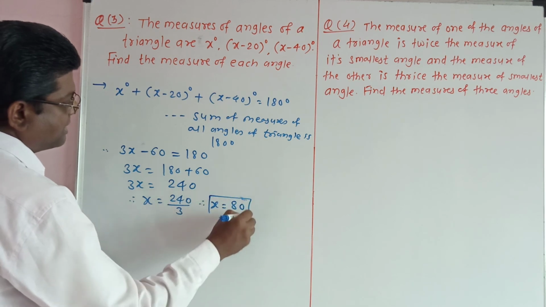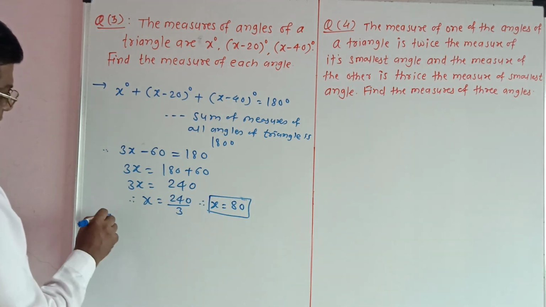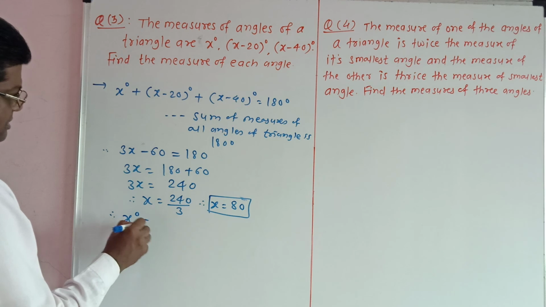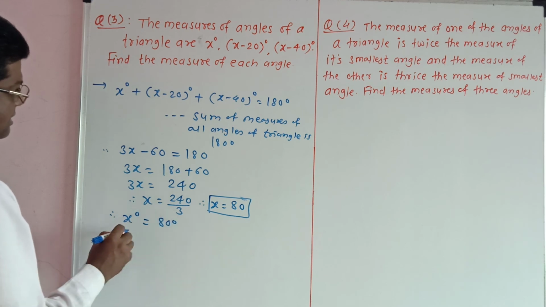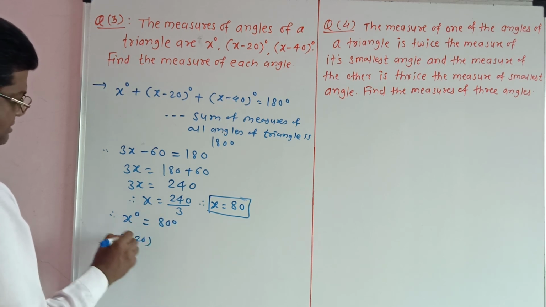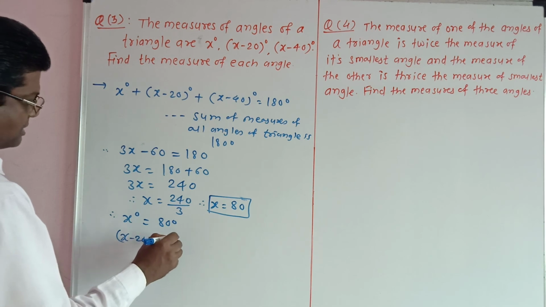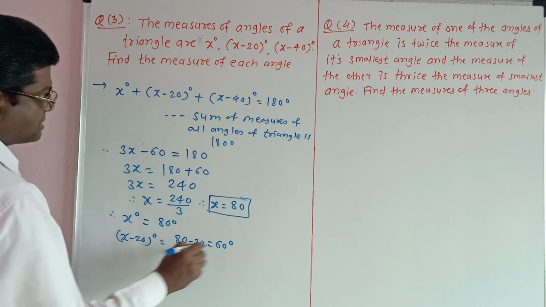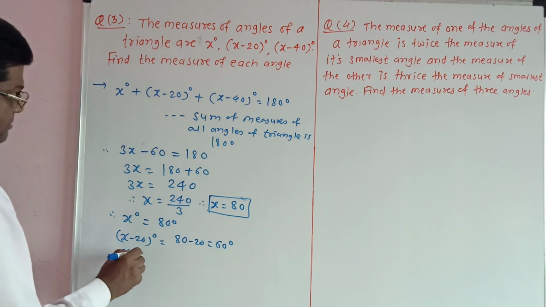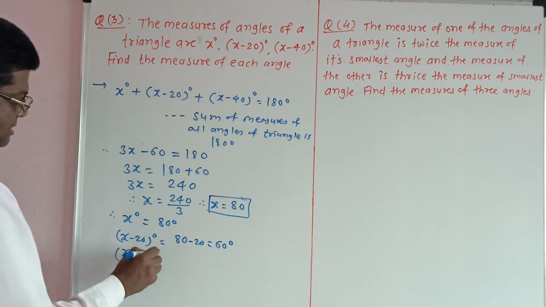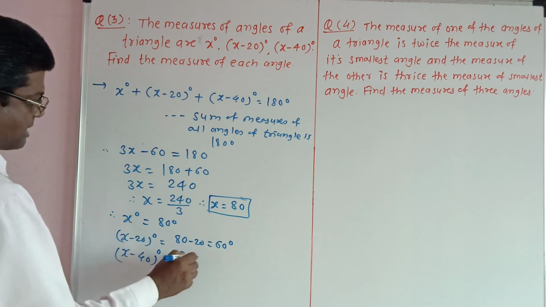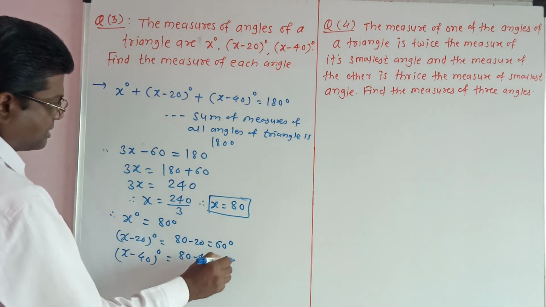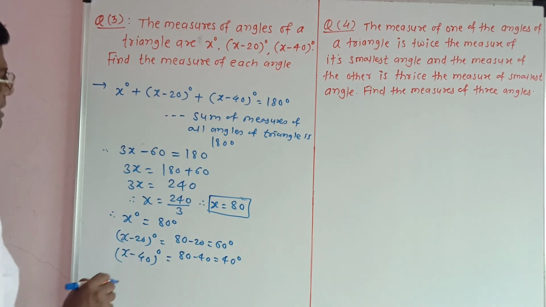x is equal to 80, we can write. Therefore, x degree is equal to 80 degree. x minus 20 degree is equal to 80 minus 20 is equal to 60 degree. x minus 40 degree is equal to 80 minus 40 is equal to 40 degree.